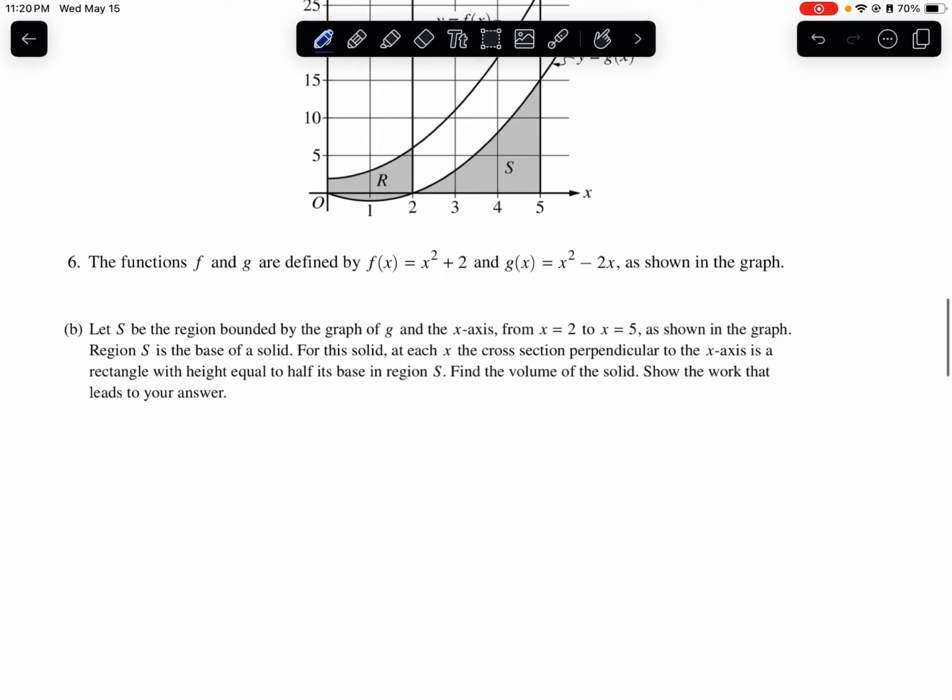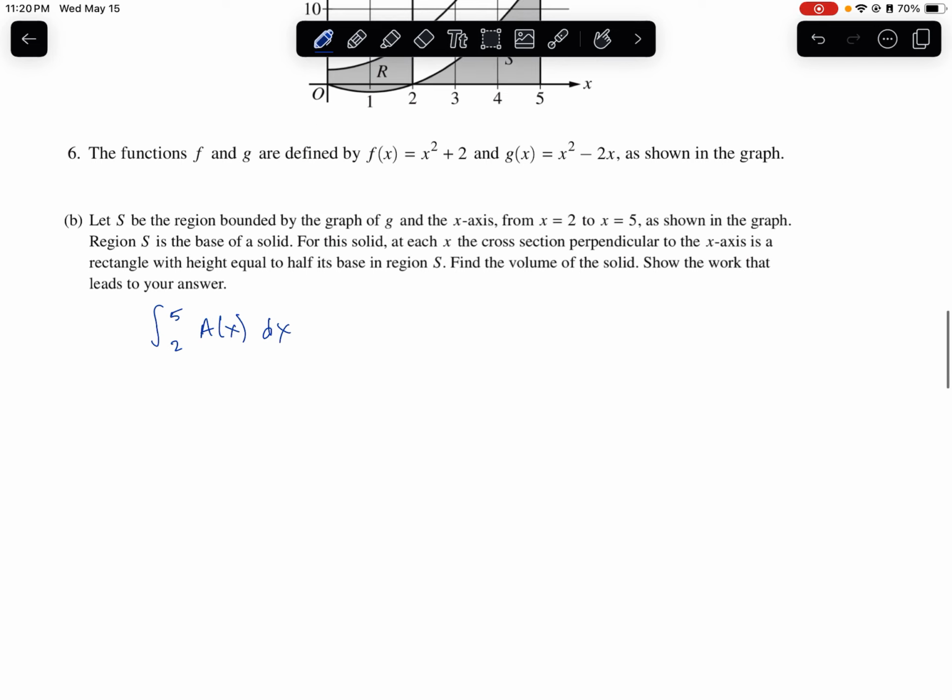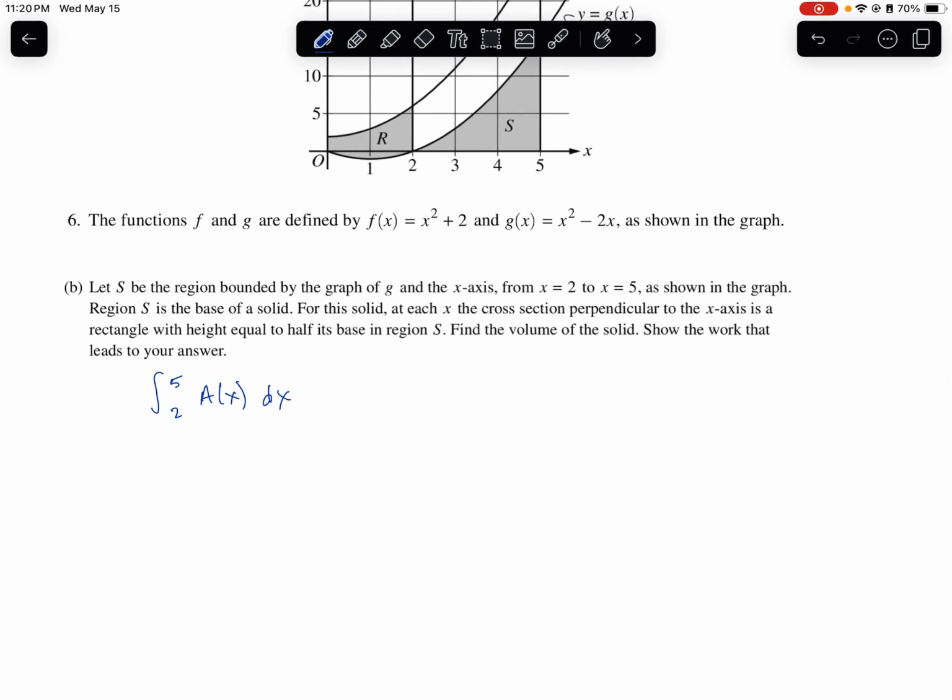So basically what we're doing here is we're going to do the integral from 2 to 5 of the area of our cross section. That's what we want to do, but we need to define A of x. So A of x is equal to, it tells us here, the cross section perpendicular to the x-axis is a rectangle. Okay, so I'm going to start there. Well, I know rectangles are base times height, right?